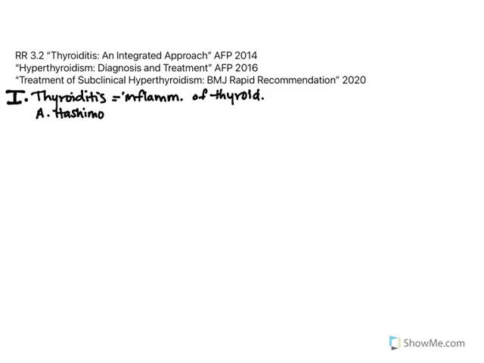The first is Hashimoto's. Typically, this is a non-tender goiter. Patients are hypothyroid.